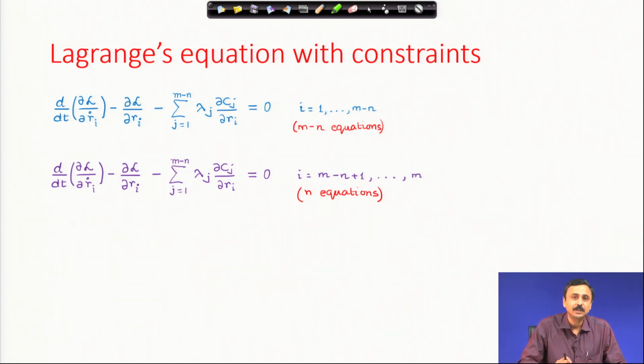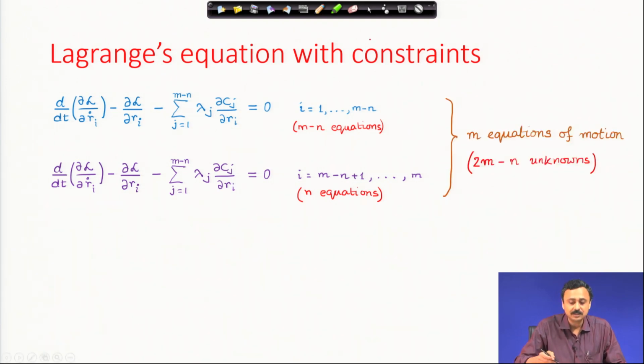Together they form the complete dynamics, but now this is not complete in that sense. The equations of motion we have obtained involve these m minus n lambdas which are not known. Therefore, we have not yet closed the system, but remember we have the constraints, we have these m minus n. So, right now we have m equations in 2m minus n unknowns.